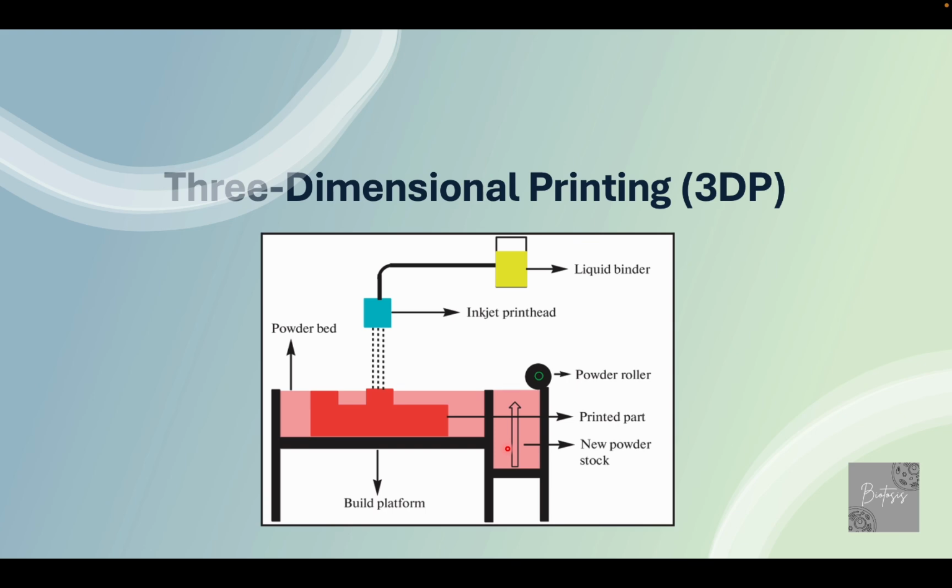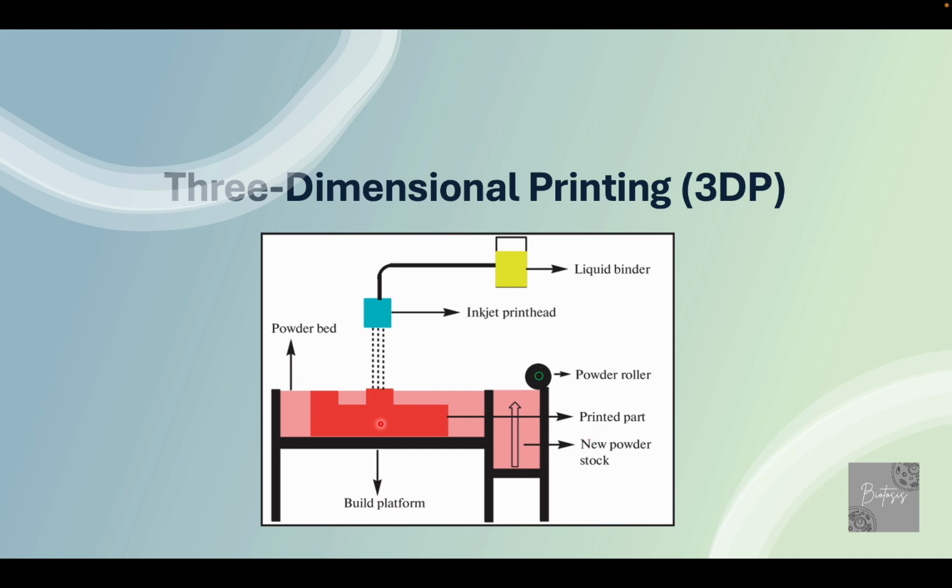Now the powder roller moves from here to here and here to here, so that the leveling of the powder and fixing of the powder happens. Now the printed part is here.